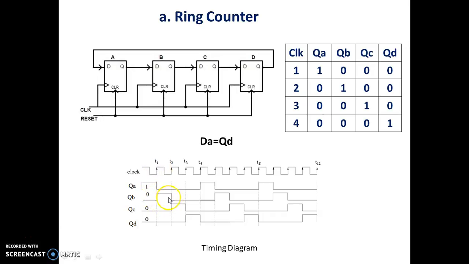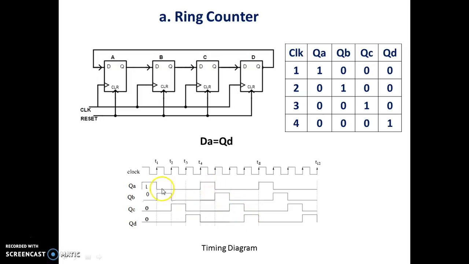So QB becomes 1 and the remaining are 0. Next time QC becomes 1, the remaining are 0. Next time QD becomes 1, the remaining are 0. This 1 is fed back to QA. So next time QA becomes 1, and QB, QC, QD are 0.